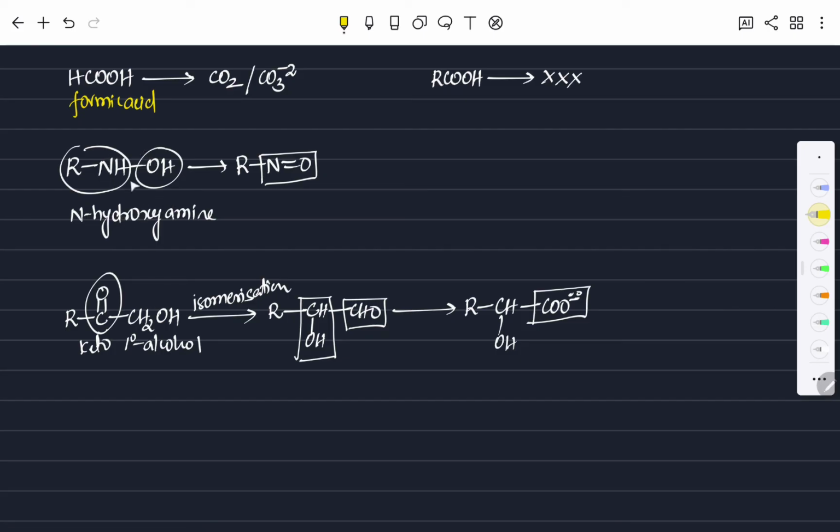This is like alcohol type, undergoes oxidation, so it is a nitroso group. Next, RCOCH2OH, primary alcohol keto, undergoes isomerization first, secondary alcohol aldehyde, and this aldehyde undergoes oxidation and converts into carboxylate.